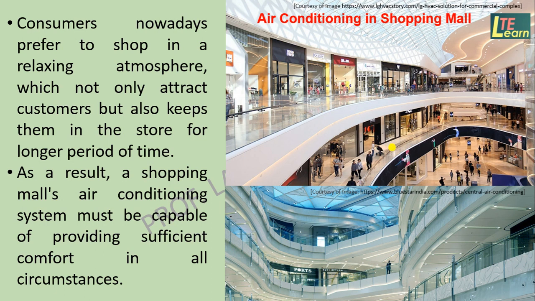In shopping malls, consumers nowadays prefer to shop in a relaxing atmosphere which not only attracts customers but also keeps them in the store for a longer period of time. As a result, a shopping mall's air conditioning system must be capable of providing sufficient comfort in all circumstances.